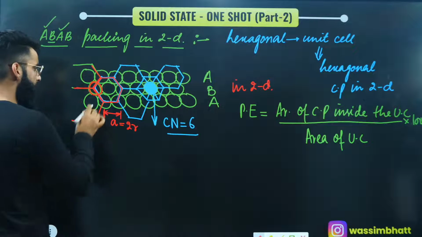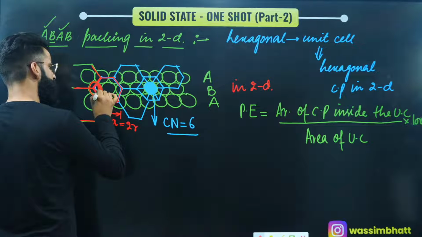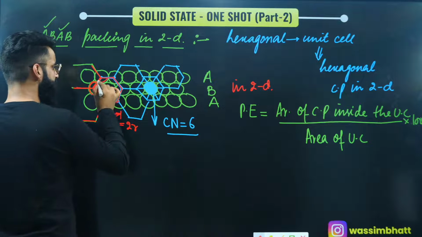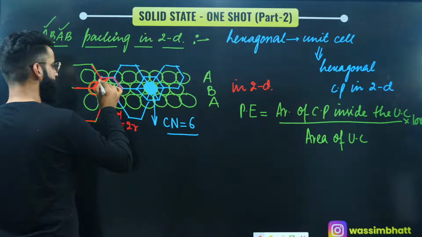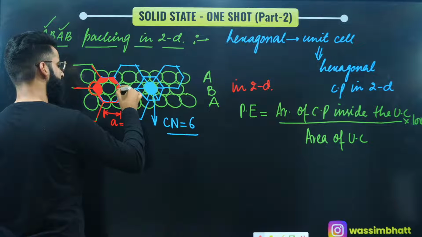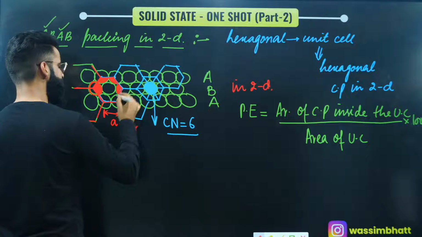So I can say only 1/3 of this corner particle will be lying inside this hexagon. Similarly, everywhere you can see only 1/3 part of the constituent particle will be lying inside this hexagon, right?